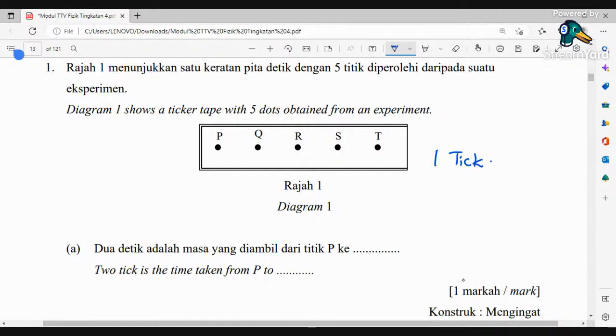It has 5 dots, but how many ticks? How do we count? Between 2 dots, count as 1. So we have 1, 2, 3, 4. It means there are 4 ticks, or 4 dot spaces as we call it. So 1 tick is how much? What is the definition of 1 tick?